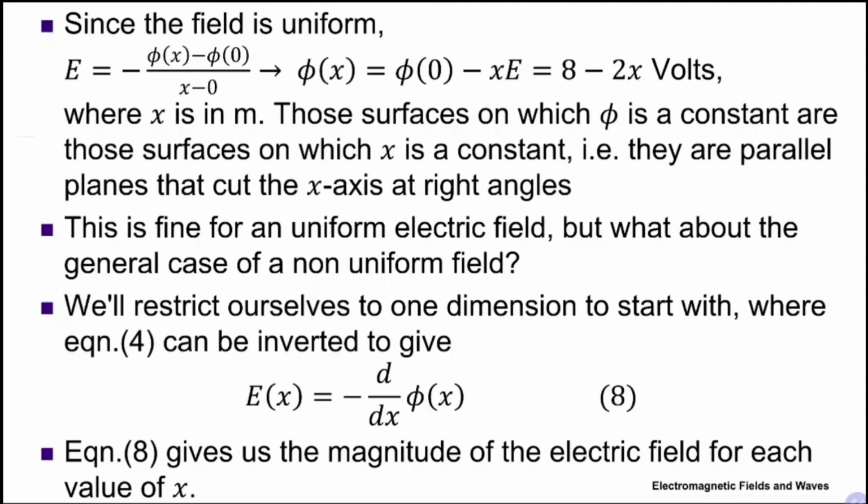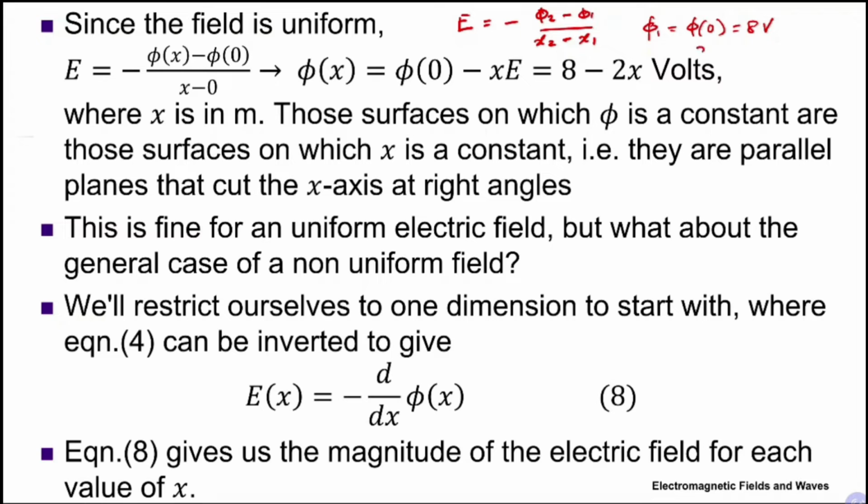We said that the electric field equals the negative gradient of the potential, so that will be minus (phi 2 minus phi 1) over (x2 minus x1). That is our electric field equation, and we are given one of them, phi of 0, which equals 8 volts.